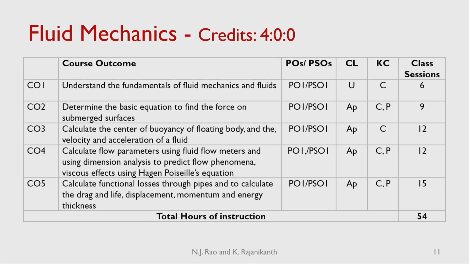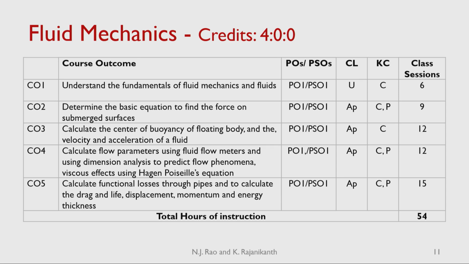This is another example, fluid mechanics, credits 4-0-0, that means 4 classroom hours per week. There are no tutorials, no laboratory sessions. Now if you see the first one, CO1, understand the fundamentals of fluid mechanics and fluids, that is also getting mapped to PO1 and PSO1.